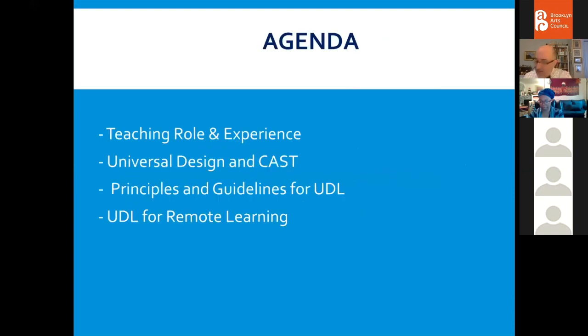Our agenda is the chronology of how we're going to be working together. So we're going to walk through talking about teaching roles and experience with teaching. We're going to have an overview of what universal design is outside of learning and the organization that developed it.